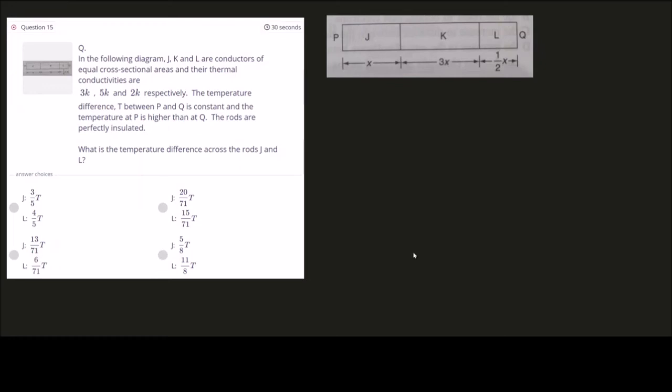So let's just write it down. The thermal conductivity for J is 3K. The thermal conductivity of K is 2K. The thermal conductivity of L is 2K. 3K, 5K, 2K. This one is 5, sorry.